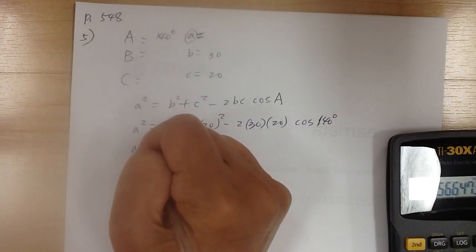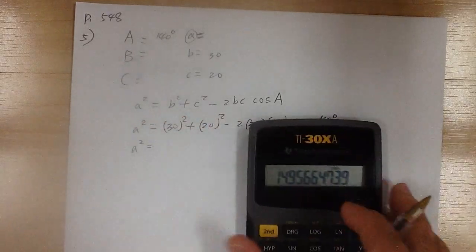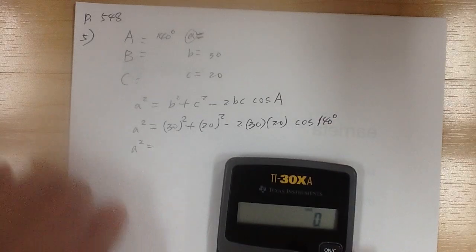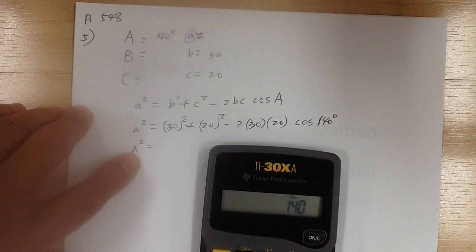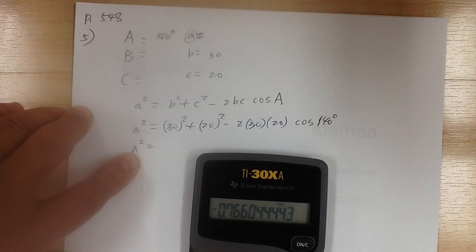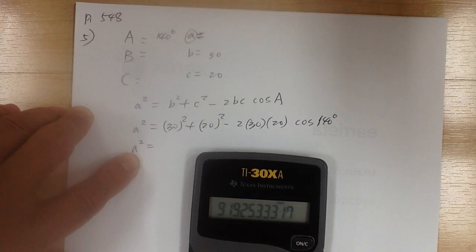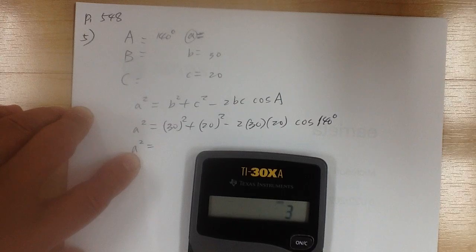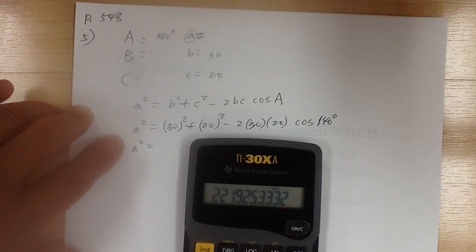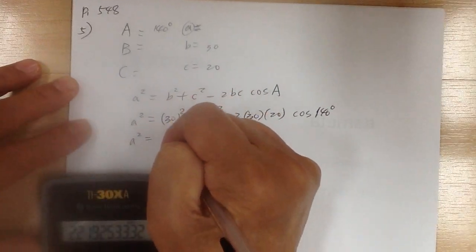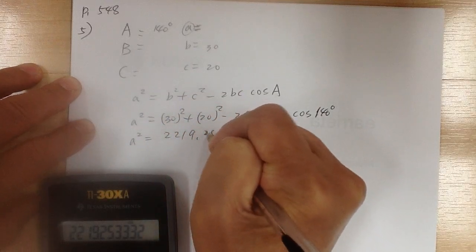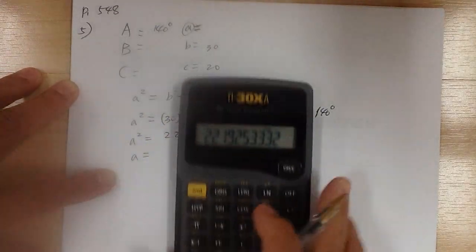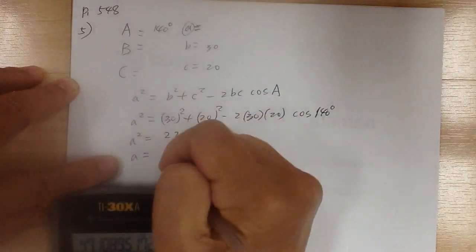So I get 2219.25, and then I take the square root, I get 47.1.